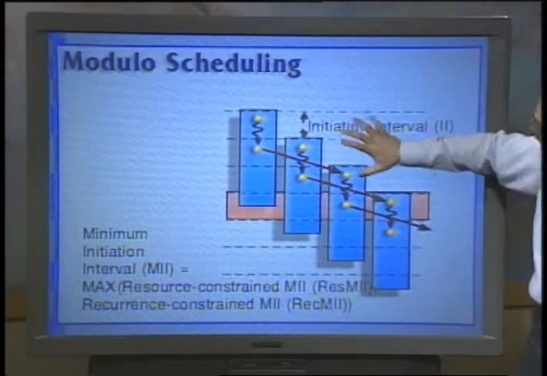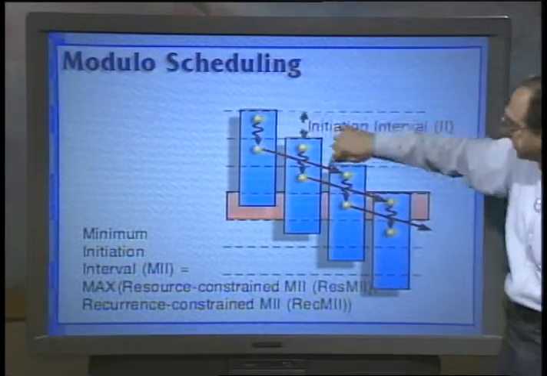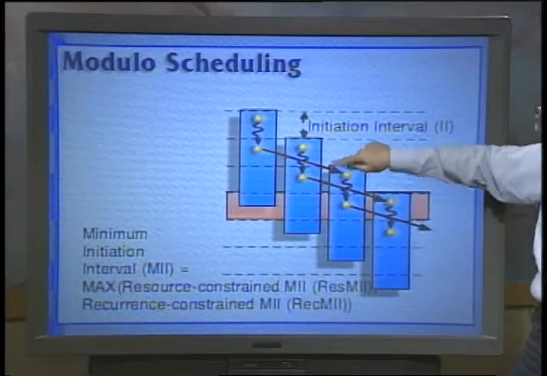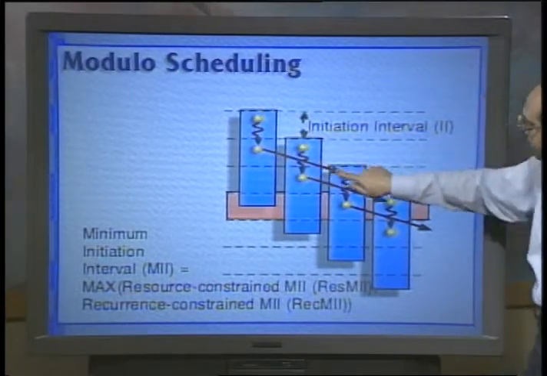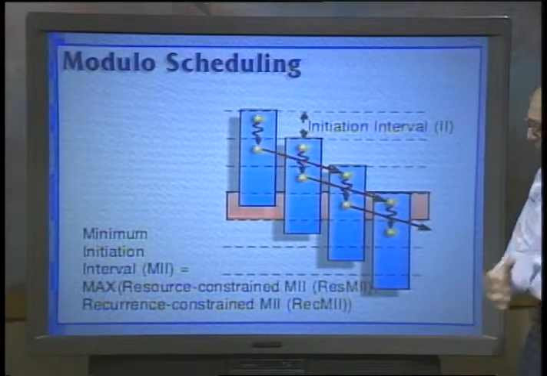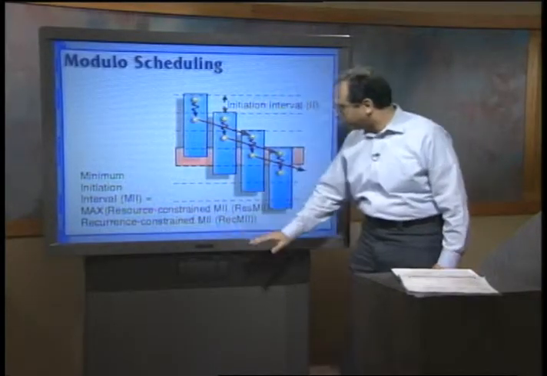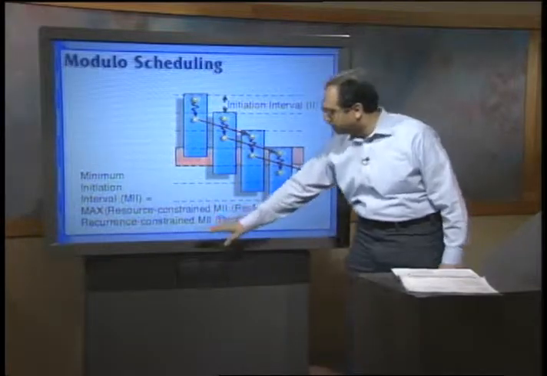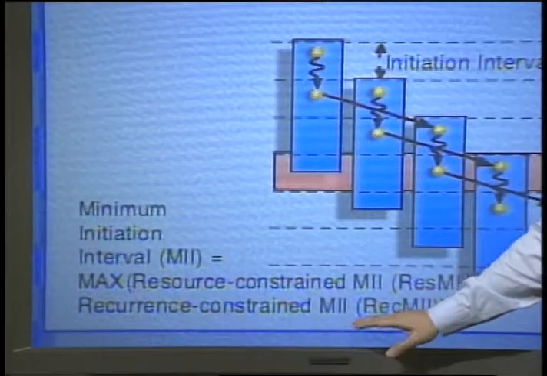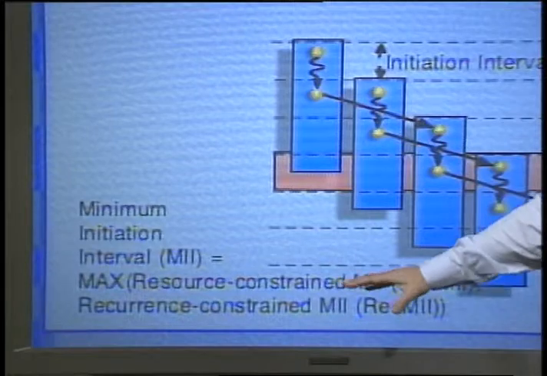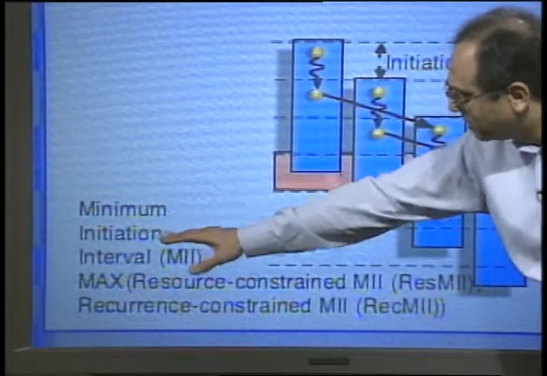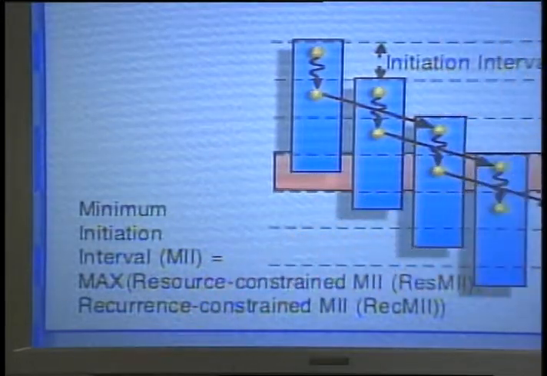Then there are 2 initiation intervals that separate these two, and that must be at least as large as the path length from here to here. These 2 types of constraints, called respectively the resource constrained minimum initiation interval and the recurrence constrained minimum initiation interval, together determine the minimum initiation interval, which is the max of these 2.